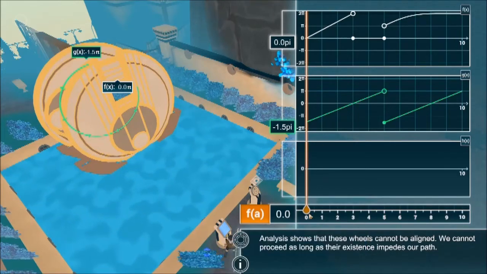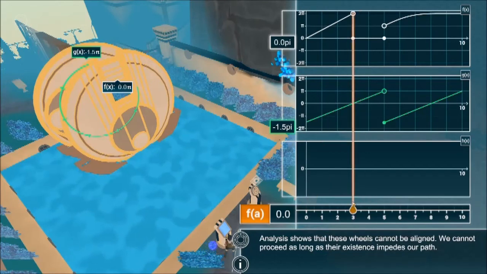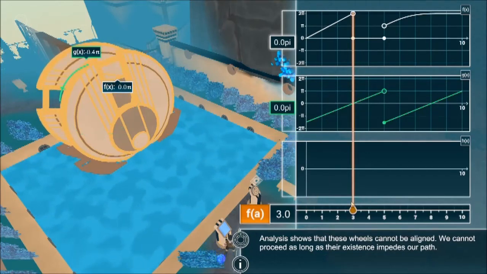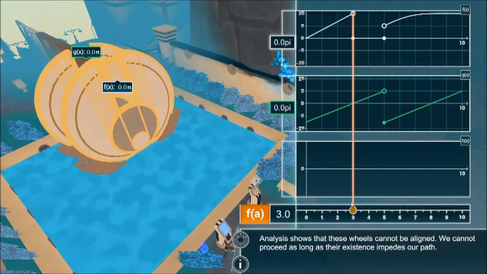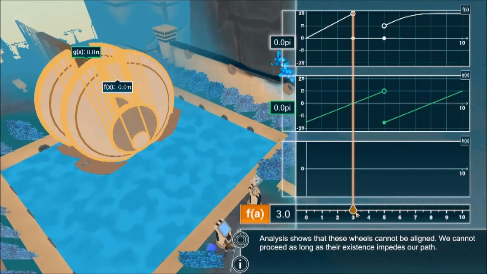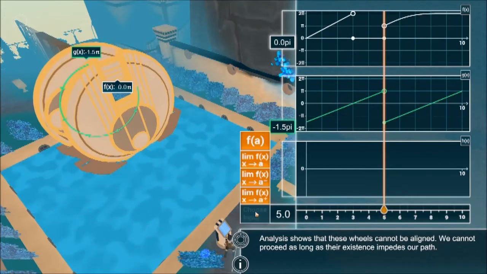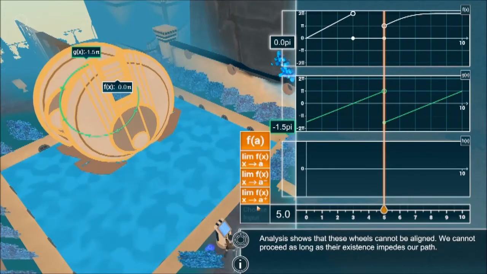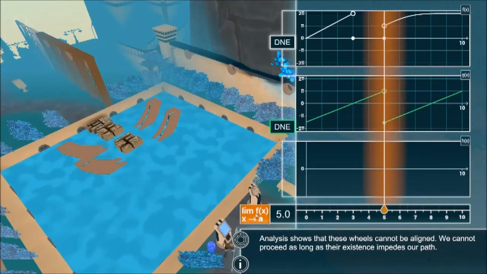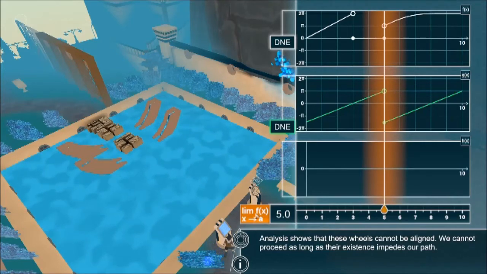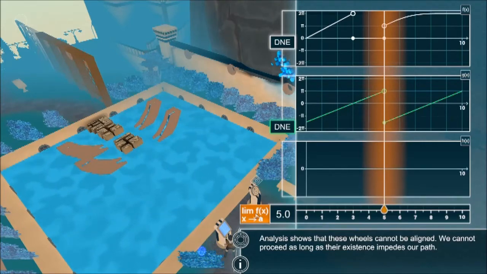So allowing now for where something doesn't exist. So we move that to there. They're all lined up. So there we go.